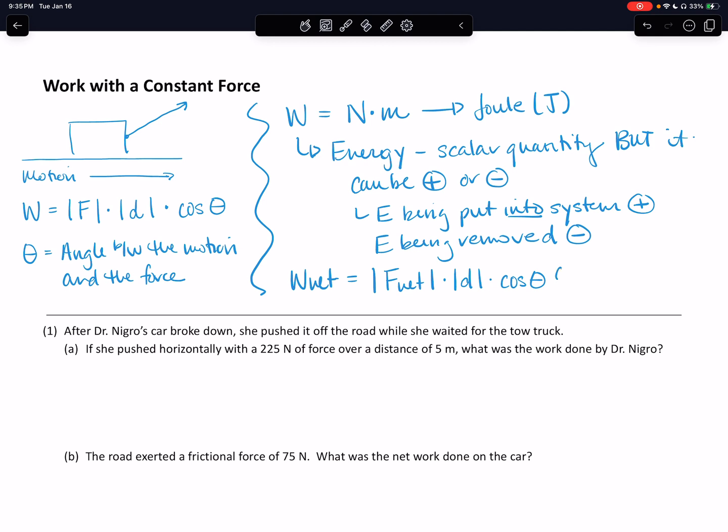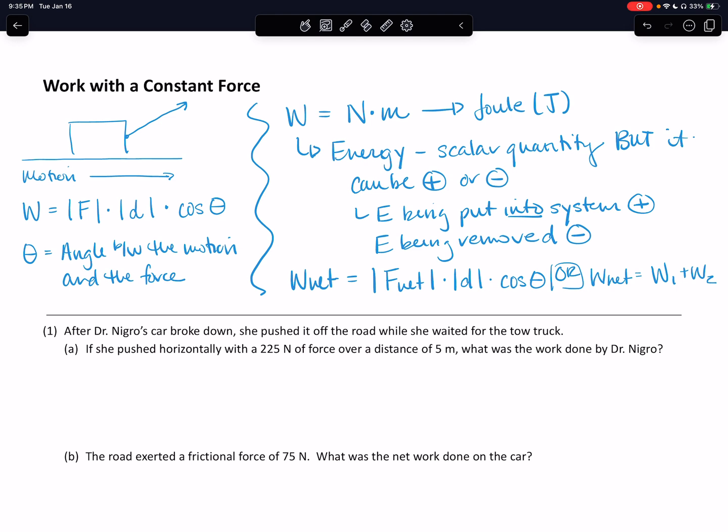Or that net work could be the sum of all the work values that we calculate. Very similar to adding up all the force values, we can calculate work for all our different forces and then just add those values together. We're going to be doing a little bit of both.